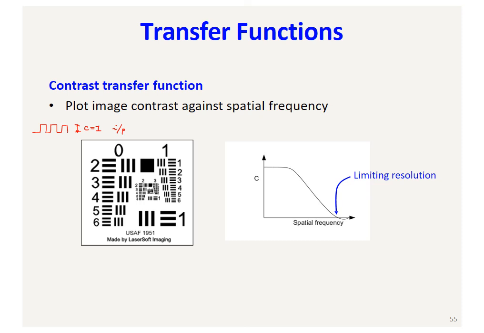By measuring the contrast of the output of our imaging system for different spatial frequencies, be they low spatial frequencies or high spatial frequencies, we can get an idea about how the system modifies the amplitude and phase of each plane wave as it transfers it from the object to the image.